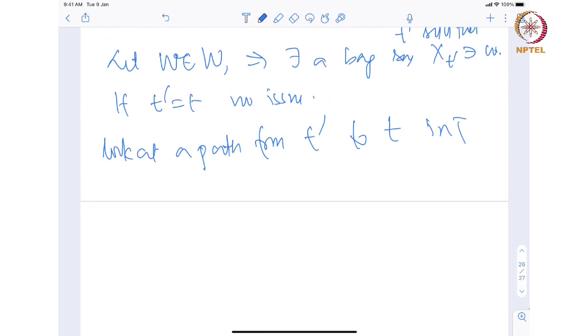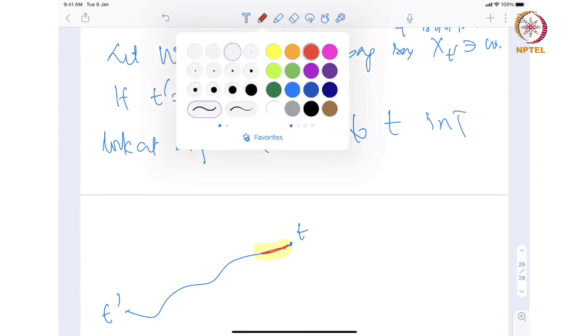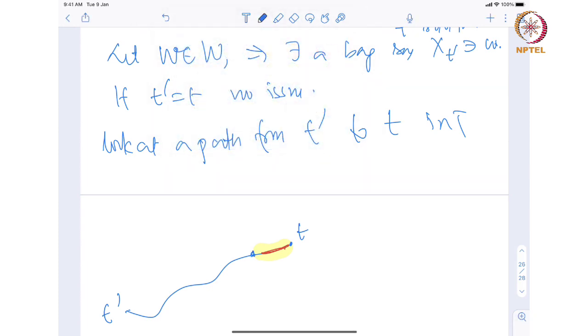So there is a path from t prime to t. Now, look at the last edge. What is the orientation of this edge? The orientation of this edge is towards t. Why?